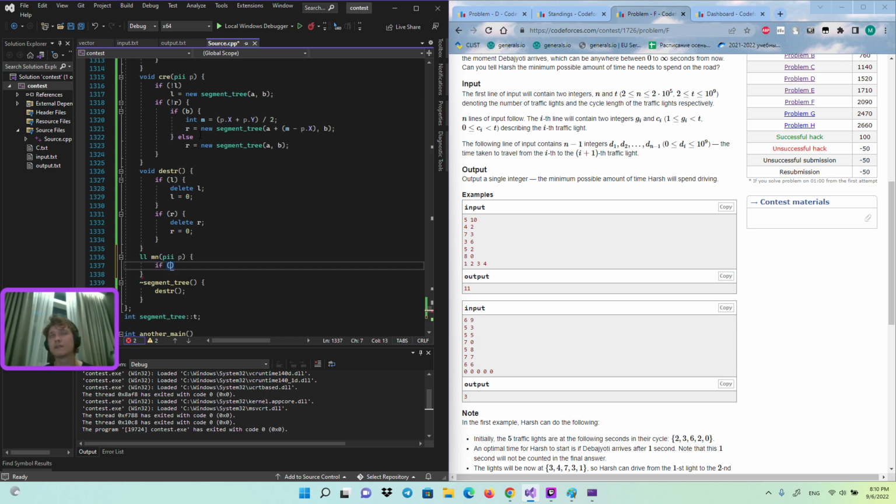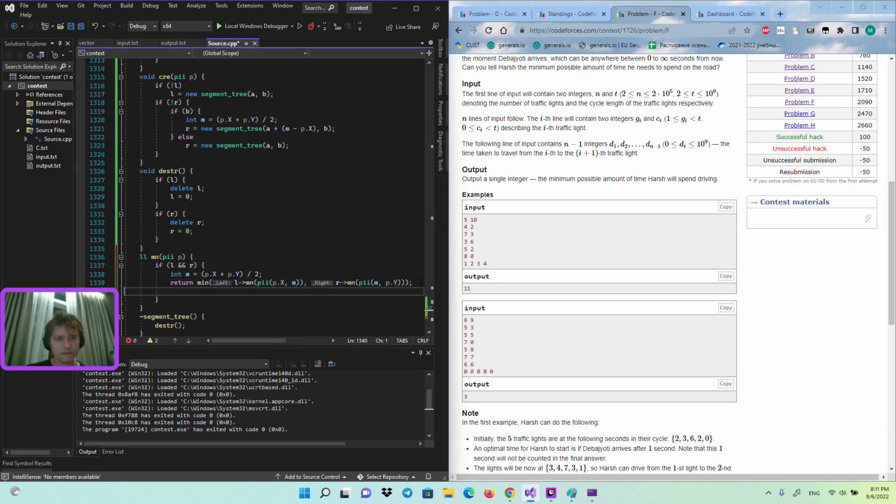So first of all, if L and R are both there, then we just say int m equals this, and we return the minimum of these two numbers, lmn of pii p.x m and rmn pii m p.y. Great.